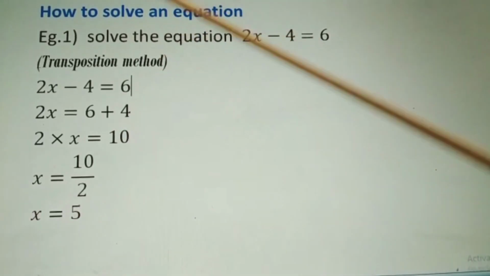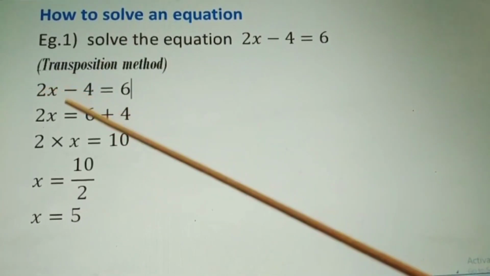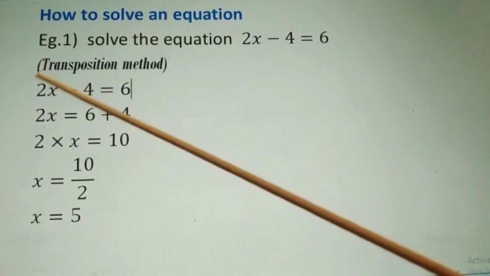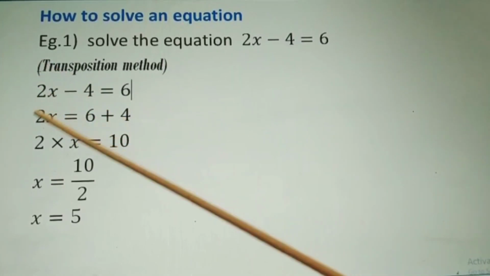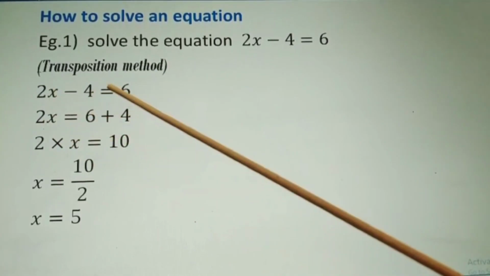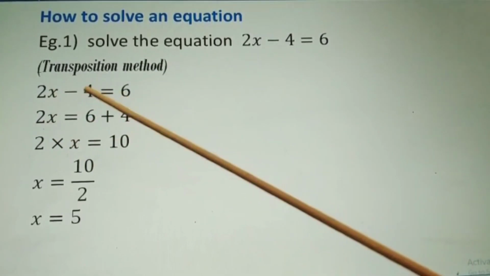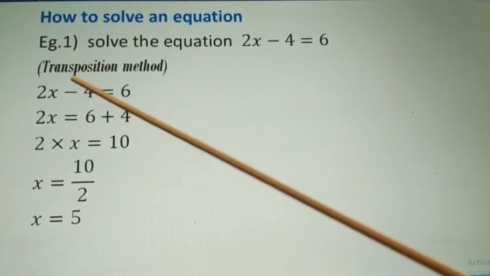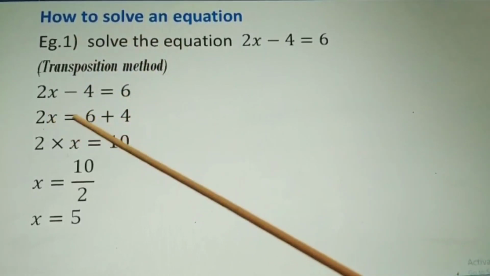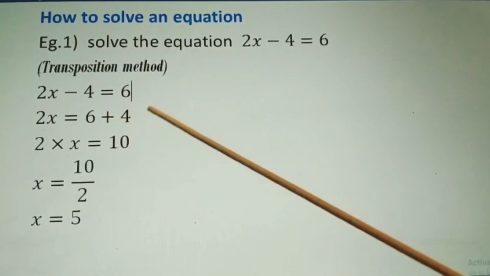Once more, here question is 2x minus 4 is equal to 6. We have to take the alphabet part in left side of equal sign. That is alphabet part is 2x. 2x is equal to 6. Minus 4 in left side of equal sign, in right side it will become plus 4. That is 2x is equal to 6 plus 4.